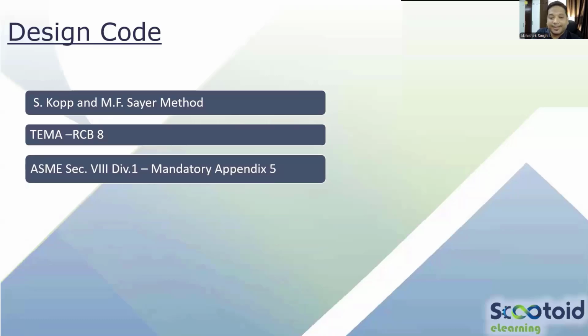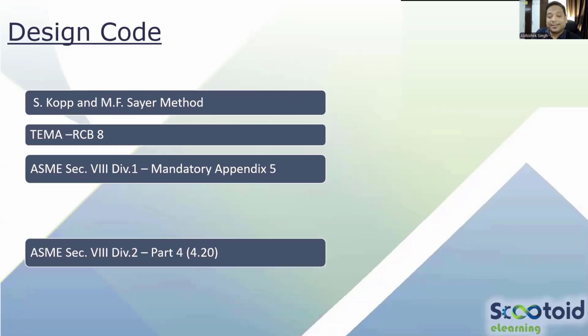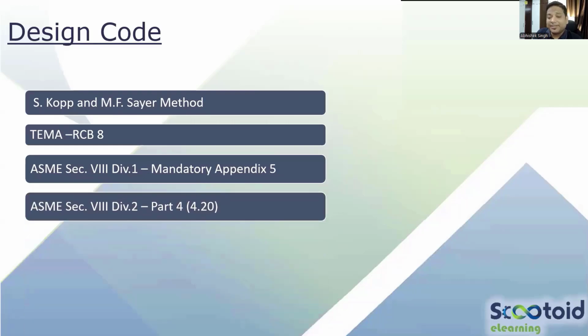But okay. ASME Section 8 Division 1 Mandatory Appendix 5 also talks about thick bellow, but there is no calculation mentioned. Only some brief information about guidelines is there. And then Division 2 Part 4, 4.20, which is exactly the same as Mandatory Appendix 5.